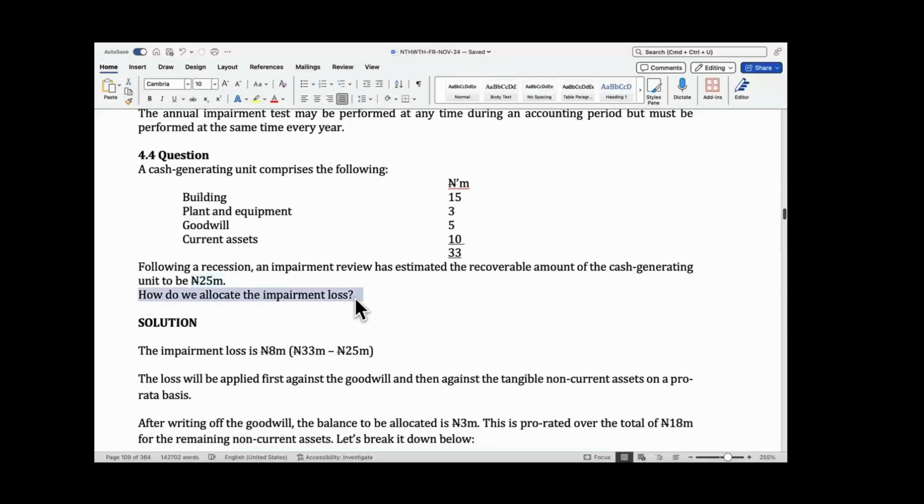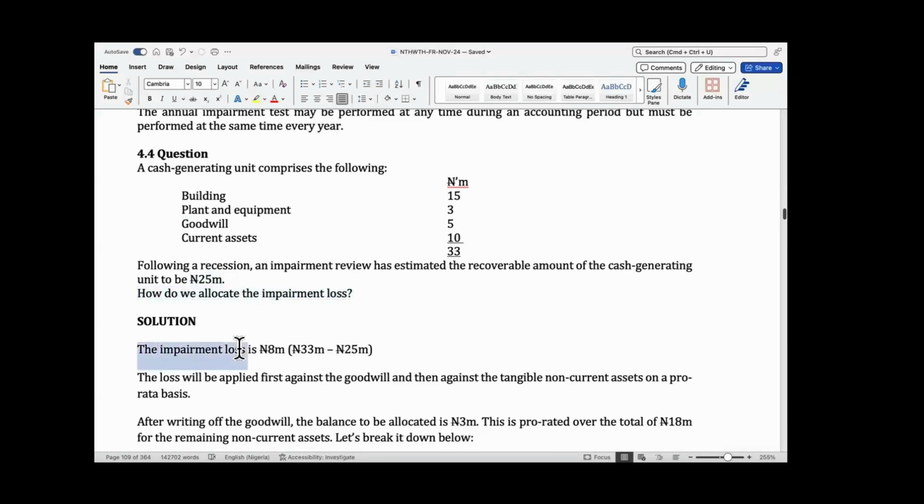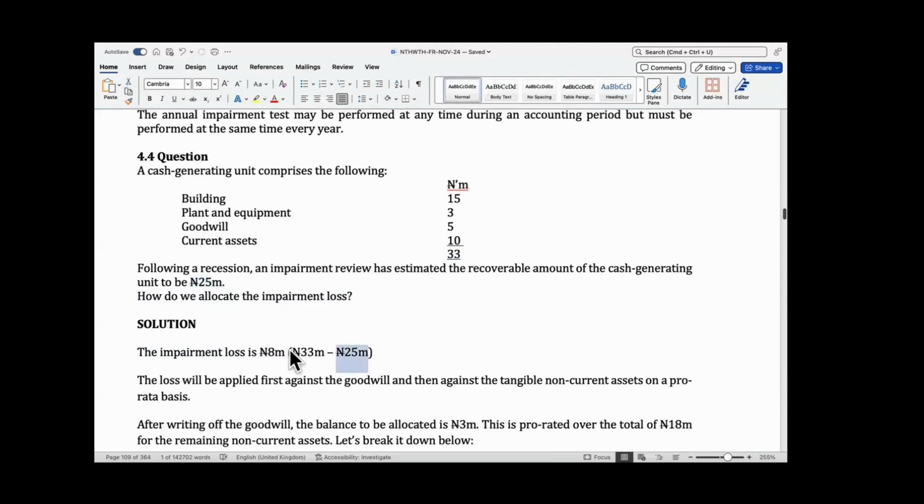How do we allocate the impairment loss? Okay, good. First, how much is even the impairment loss? It is 8 million, because the carrying amount of the CGU is 33 million, and the recoverable amount is 25 million. So the difference is 8 million. This 8 million is what they are asking how we allocate.